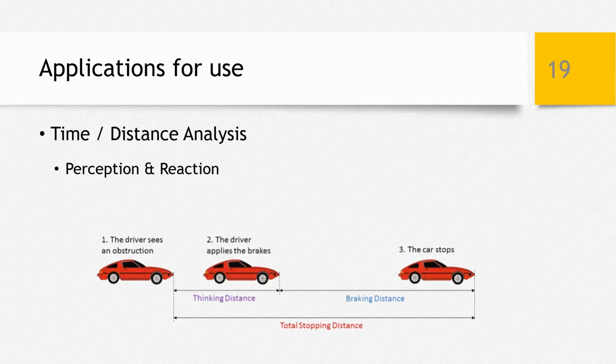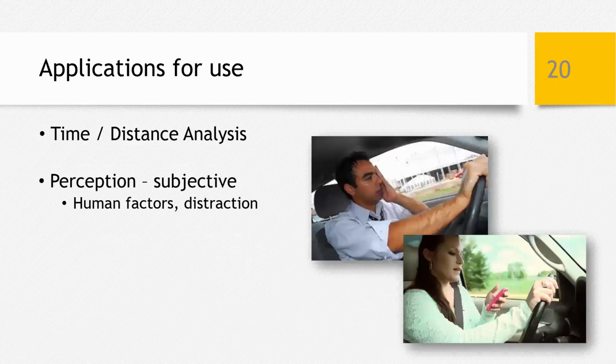Perception and reaction are huge components of a time distance analysis that often call for a lot of assumptions in our case. The generally accepted, everyone's familiar with this, 1.5 second perception reaction time. That sounds familiar? Just plug that in as your perception reaction time and go from there. What if you could really narrow that down? It makes a time distance analysis a lot more accurate.